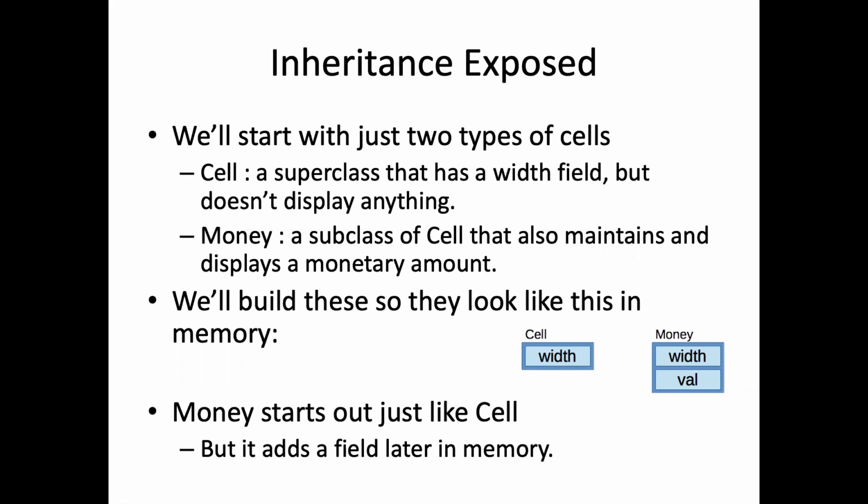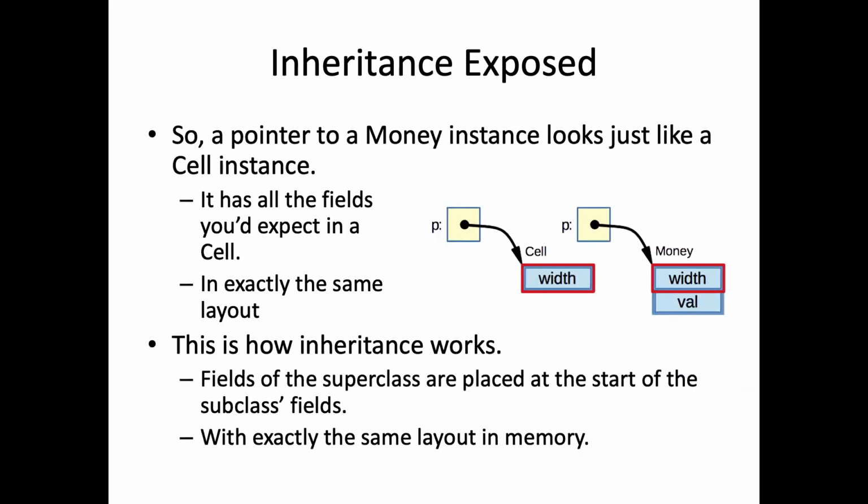The reason for this trick is, well, if you just had a pointer to a cell, you wouldn't really care if it was the superclass or some subclass. Probably a better way to say that is if you had a pointer and you were only going to use it as the superclass, it would work fine for cell or for money. If you had a pointer and you were planning to use it like cell, like the superclass, you would expect to be able to dereference that pointer and find a width field right there in memory.